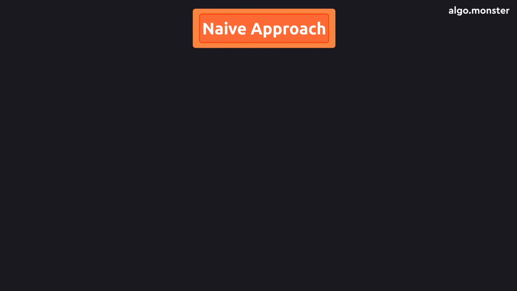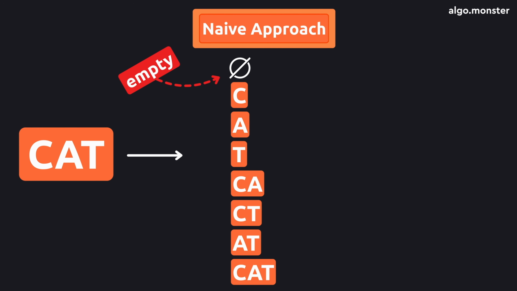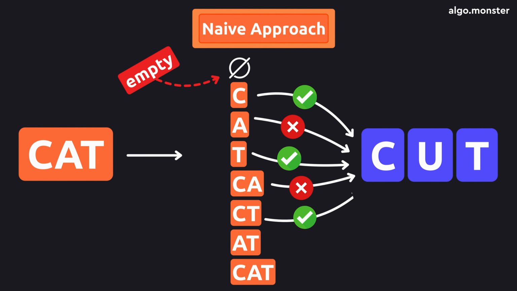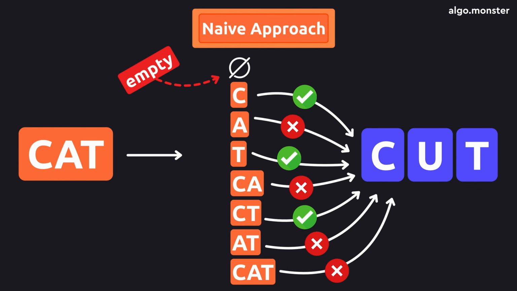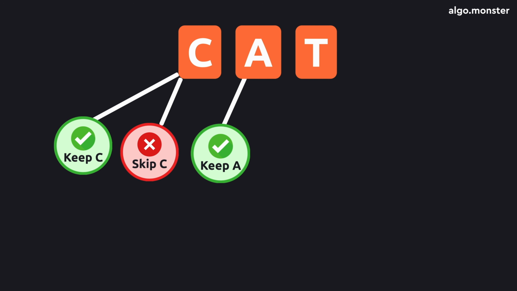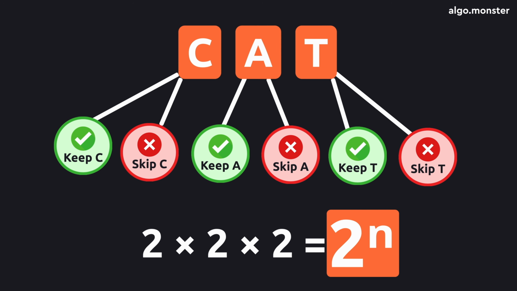Okay, so how could we solve this problem directly? One idea is to take the first string and generate all of its possible subsequences. Then for each of them, check whether it appears in the second string, and finally choose the longest one that does. But here's the problem, how many subsequences does a string of length n have? For each character you have 2 choices, either include it or skip it. So for n characters you get 2 to the power of n subsequences.